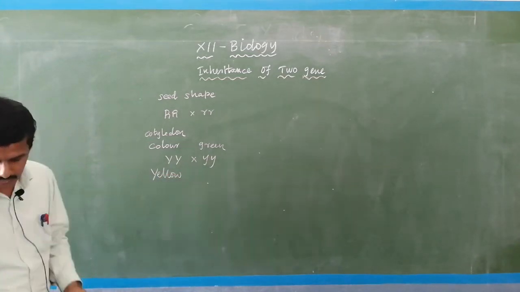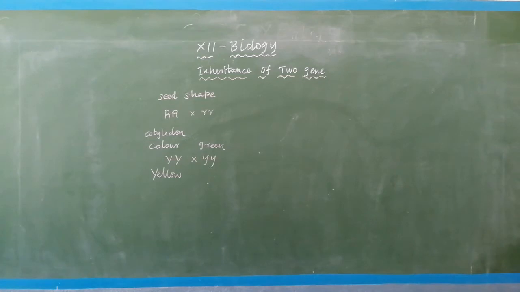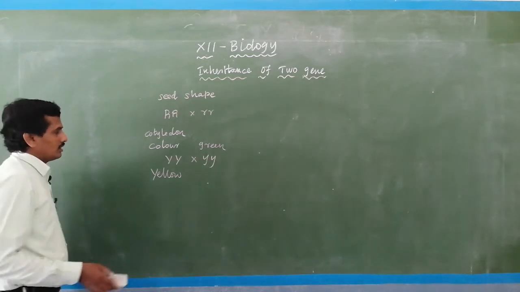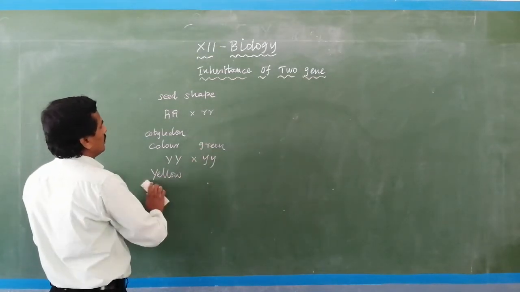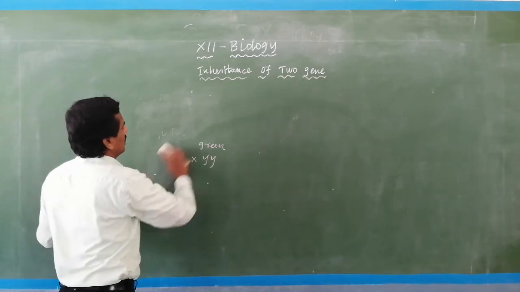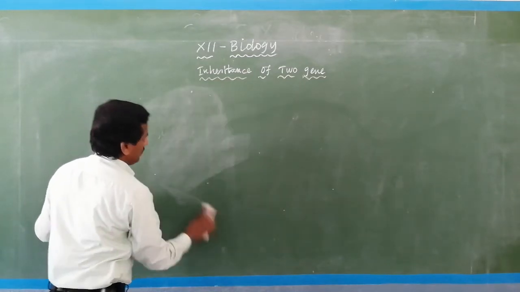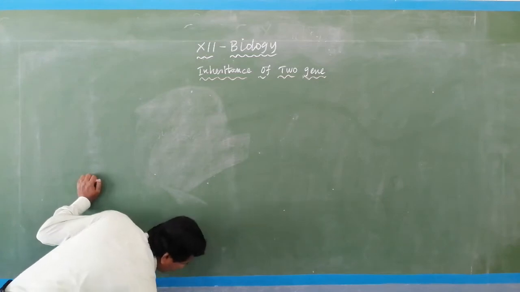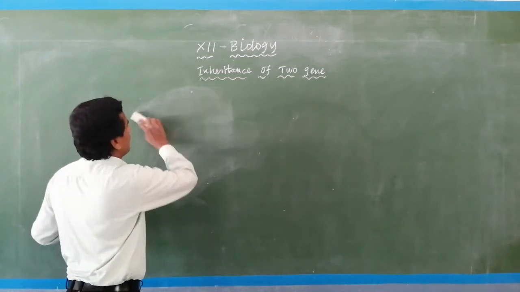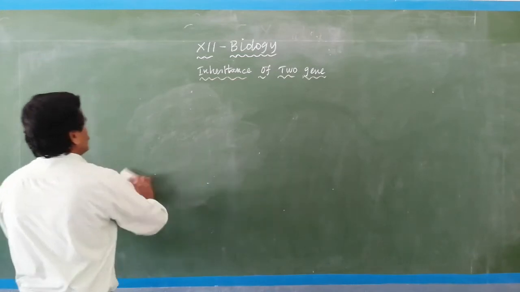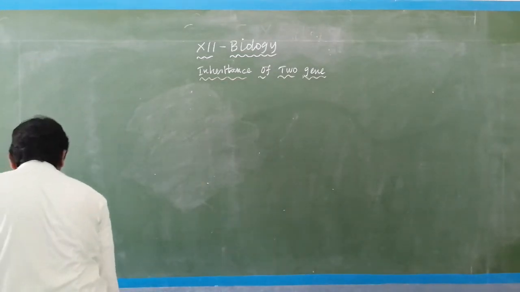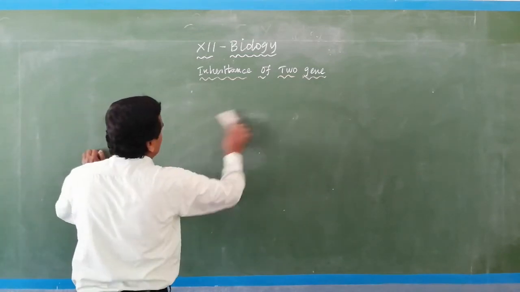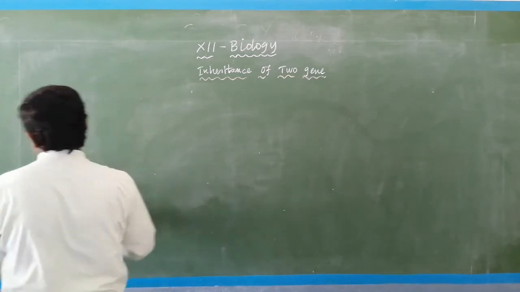Okay. So, in this dihybrid cross, we take two characters, that is round seeded and yellow cotyledon, and wrinkled seeded and green cotyledon, as the parents.